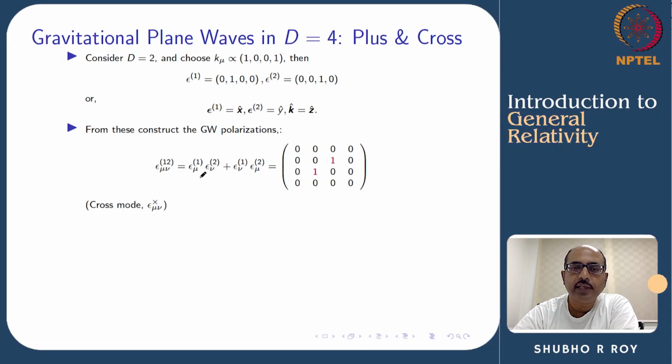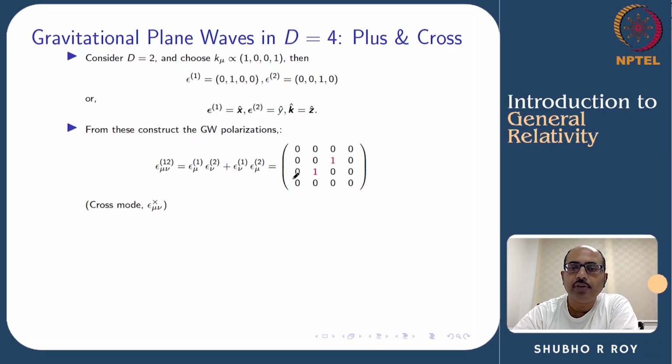Now from these, by taking outer products, we can construct the gravitational wave polarization. For example, let's consider the 1, 2 type. i can take two values here and j can take the two values. So we will have just one combination, 1, 2, right? So this is given by this combination.